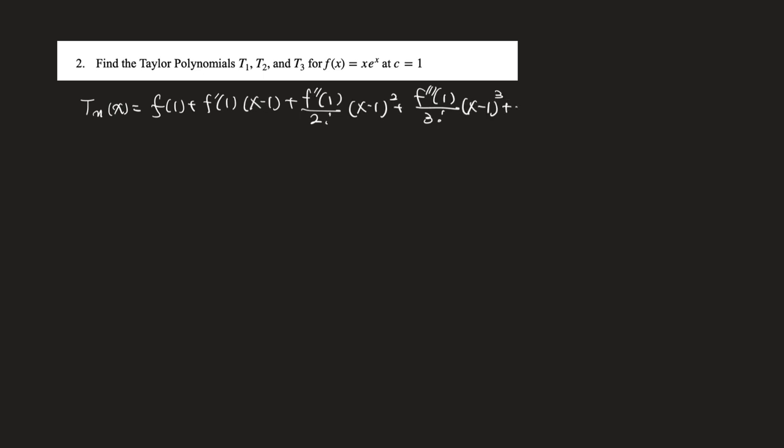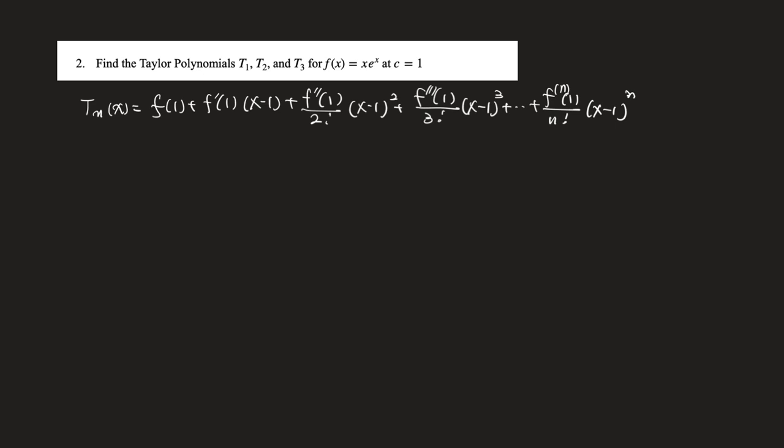So here, write down Tn: f of 1, plus f prime of 1 over 1 times (x minus 1), plus f second derivative of 1 over 2 factorial times (x minus 1) squared, plus f third derivative of 1 over 3 factorial times (x minus 1) cubed, until the nth derivative of f at 1 over n factorial times (x minus 1) to the n. So we need degree 1, degree 2, degree 3.